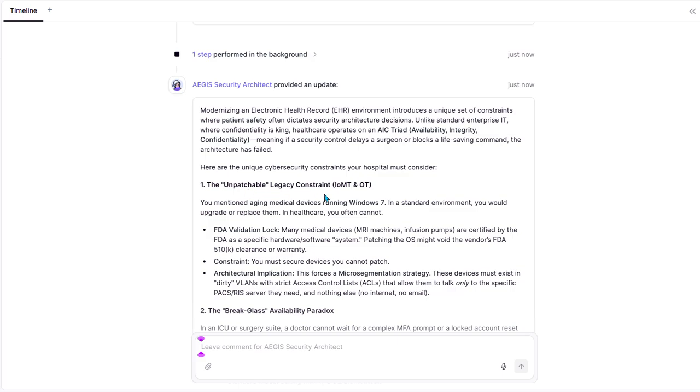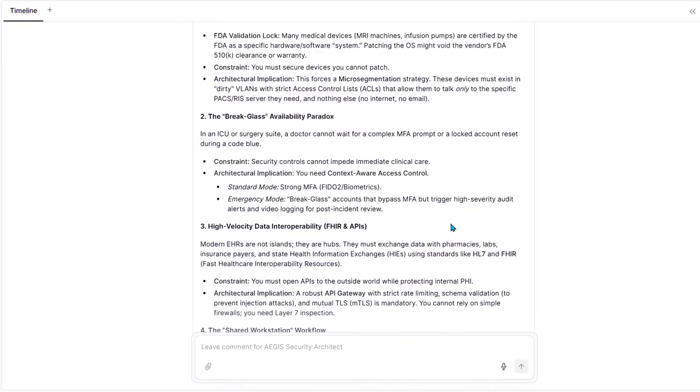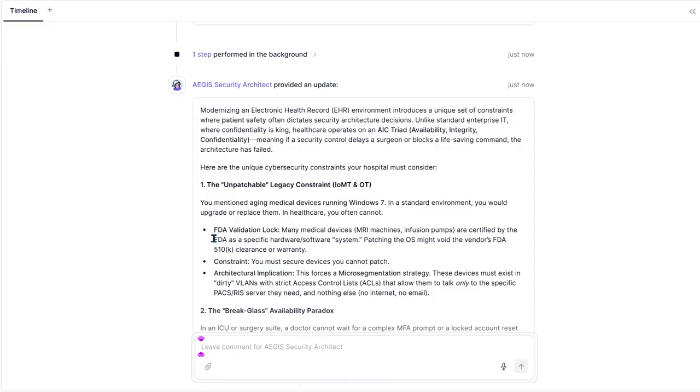The unpatchable legacy constraint, which deals with the Internet of Medical Things. As you mentioned, you have aging medical devices running Windows 7. In a standard environment, you would upgrade or replace them. In healthcare, you often cannot. Under it, it mentions the FDA validation lock.